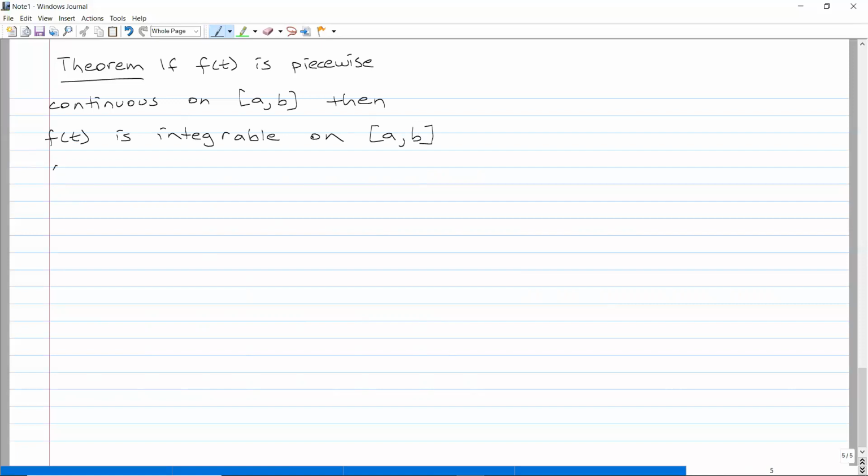That means the integral from a to b of the function f exists. From calculus, you know how to evaluate this integral. We just evaluate it on every subinterval where f is continuous and add them up.